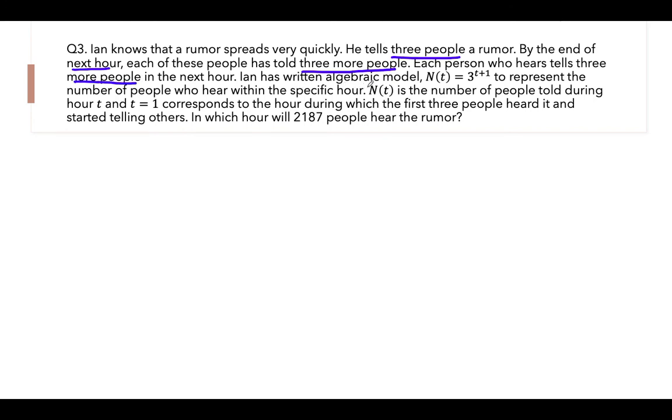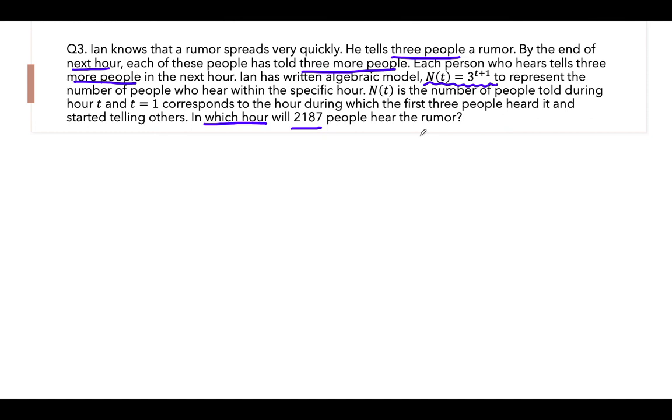Ian has written an algebraic model to represent the number of people who hear within a specific hour. N of t is the number of people told during hour t, and t equals 1 corresponds to the hour during which the first 3 people heard it and started telling others. So in which hour will 2,187 people hear the rumor?